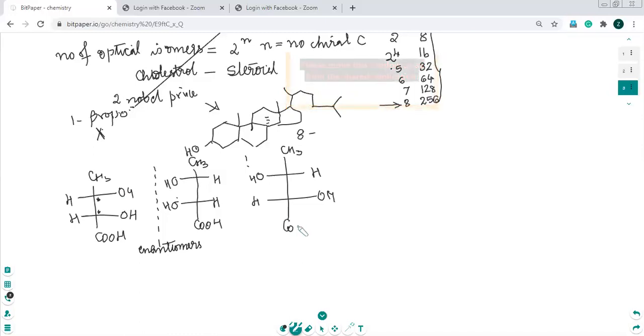COOH. So what I have done is I have just inverted these two. Okay, see, this carbon and this carbon are mirror images, while this carbon and this carbon are original. So they are not mutually mirror images as such. Now you can have one mirror image of this.